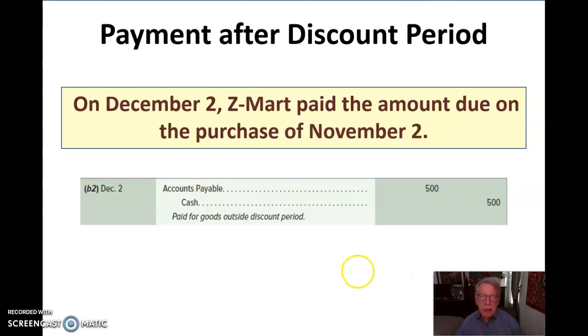Now, if we pay after the discount period, that makes it very easy, right? We just debit accounts payable to wash it out, and credit cash for $500, and we don't get to reduce our inventory by $10. So that's how we make a payment after the discount period.